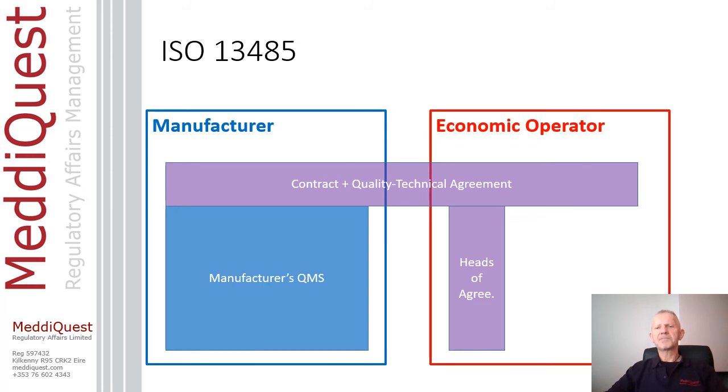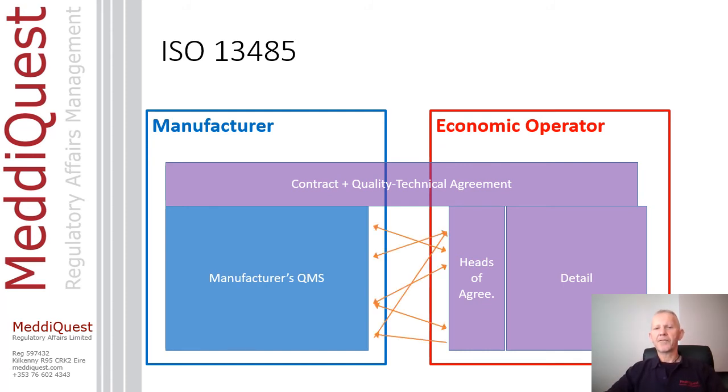And there may be some form of heads of agreement in there which says that they should have a quality system, they should do various things, and the economic operators write their own detail around that, depending how much of a formalised quality management system they have. And those heads of agreement will tend to specify the routes of communication between the economic operator and the manufacturer.